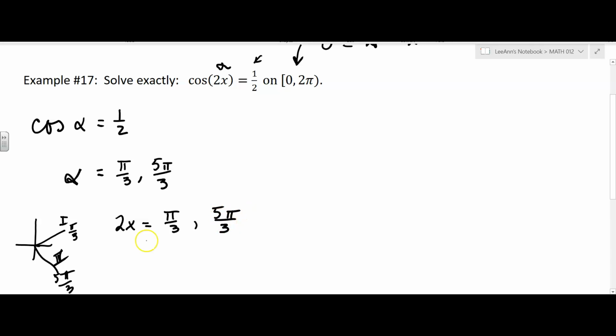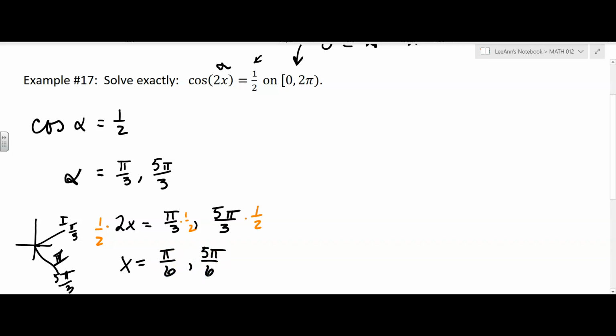And then we can divide them both by 2, or multiply by 1/2 if you want to think of it that way. I have two answers, I'm just doing them both at once here. But you would get x equals pi over 6 and 5 pi over 6.